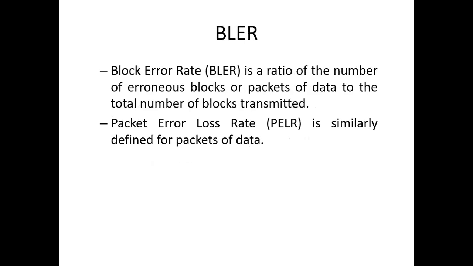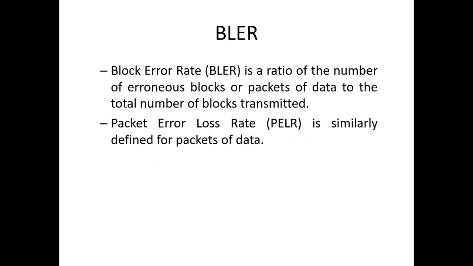In BLER or PLR, it's how many packets or data blocks. You may call them blocks or frames instead of packets sometimes at the lower levels of the OSI model.